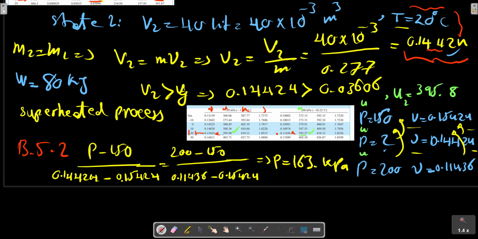The quantities are very close to each other, so U2 is obtained as this quantity.